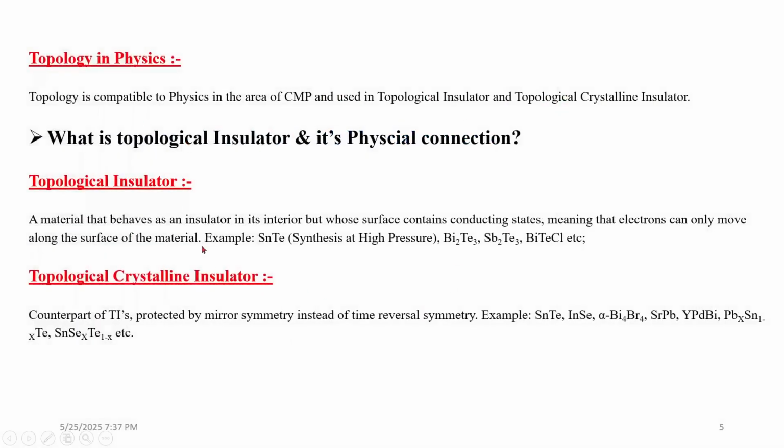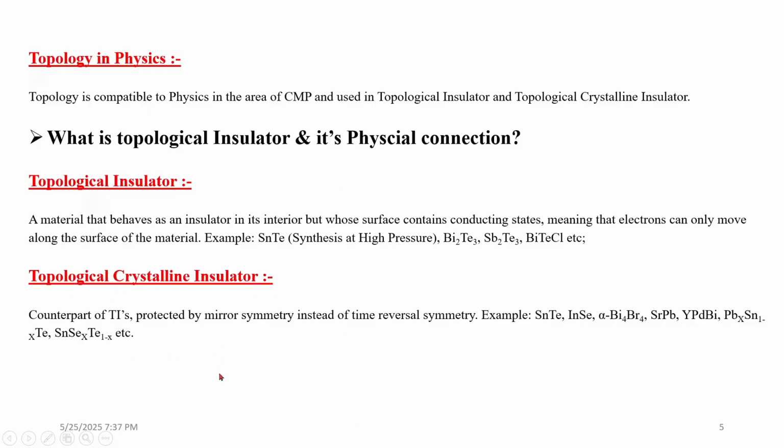In physics, basically in condensed matter physics, topology deals with topological insulators, topological crystalline insulators, and many other materials like Weyl semimetals and Dirac semimetals, in which the topology is protected by various symmetries. In a topological insulator, the topology is protected by time reversal symmetry, and in a topological crystalline insulator it is protected by crystal symmetries.